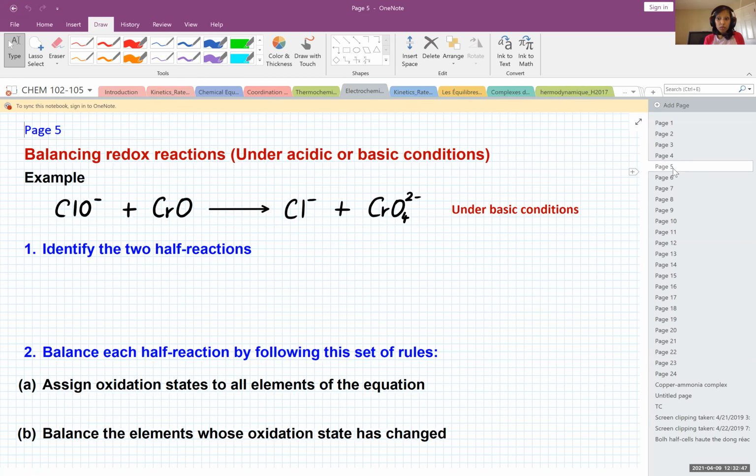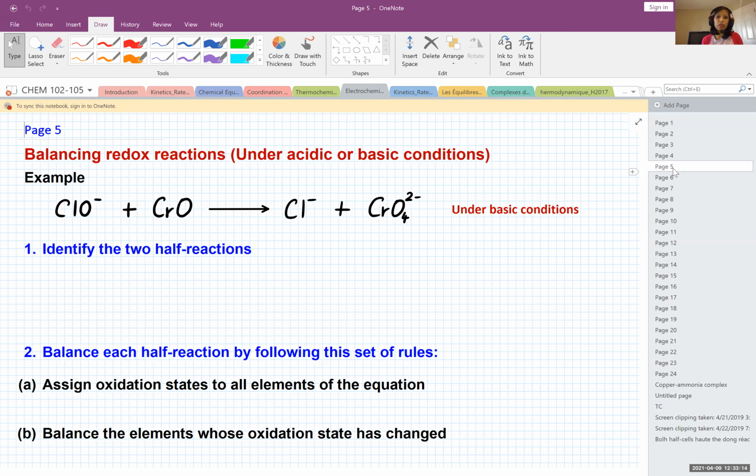Now, something very important, and I'm hoping I'm able to get through these next 2 slides in the time that we have today. I will be showing you how to balance redox reactions. You will see these redox reactions are complex, and they take place either under acidic conditions or basic conditions. So I will show you the steps. They differ slightly.